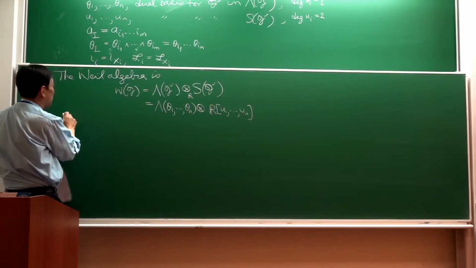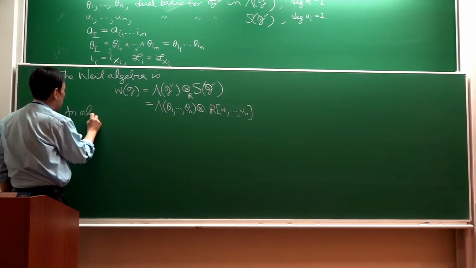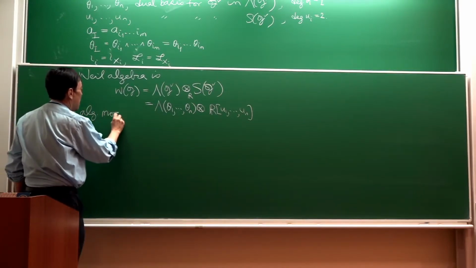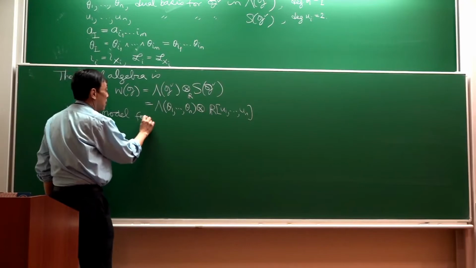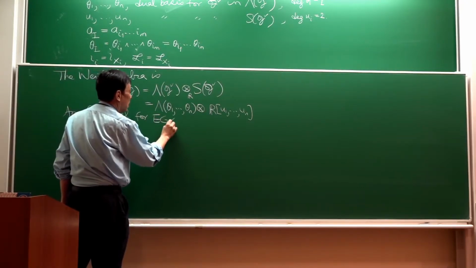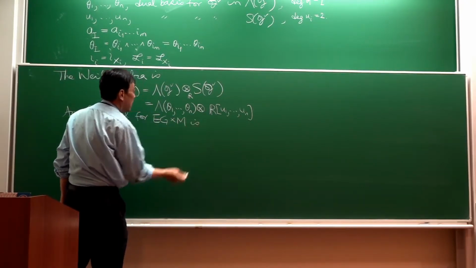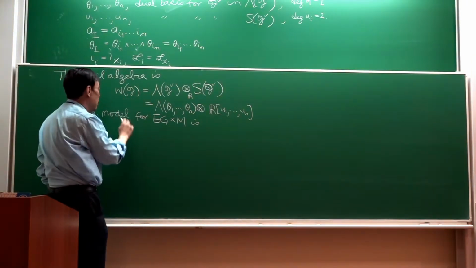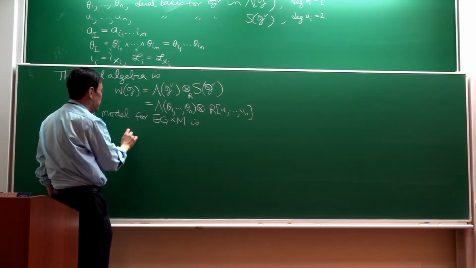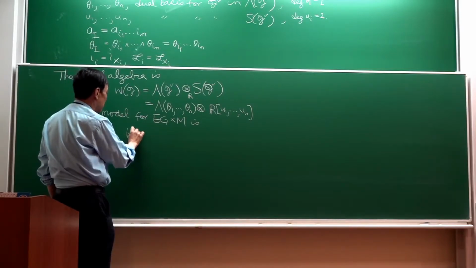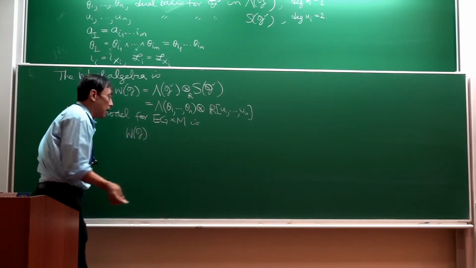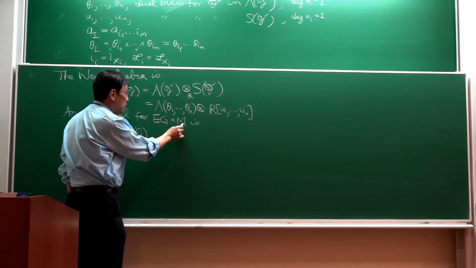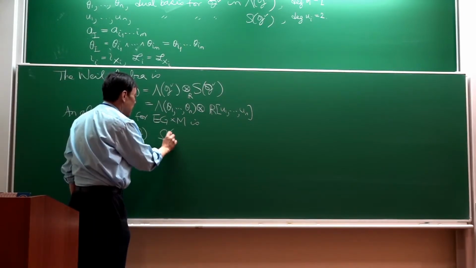Now this means that, okay, an algebraic model for EG cross M is, well, this Weil algebra we showed is an algebraic model for EG. Okay. And an algebraic model for M is the de Rham complex.